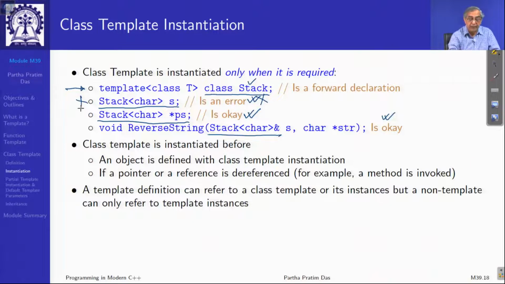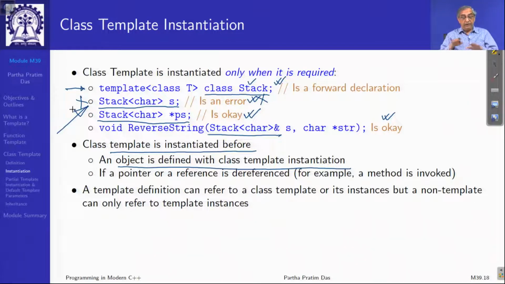And such declarations are known as incomplete types, because it is telling you part of what the type is, like it is a stack and has a type parameter T, but it does not tell you the details in terms of the data members and methods, right. So, the class template must be instantiated before an object is defined with the class template instantiation, which was getting violated at this point.